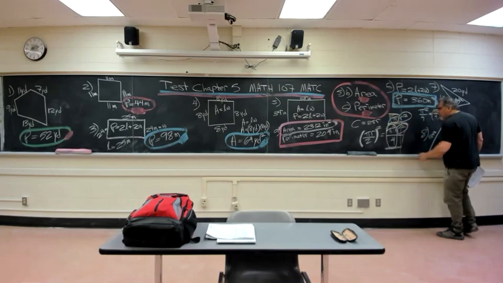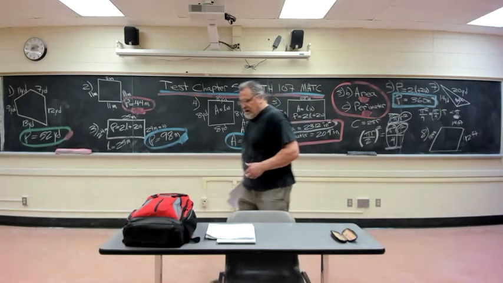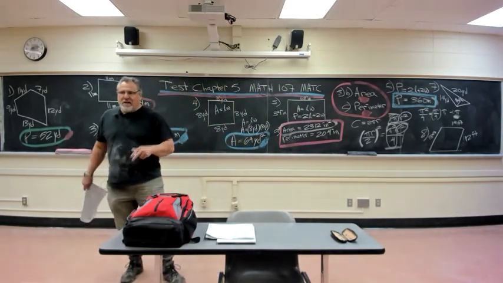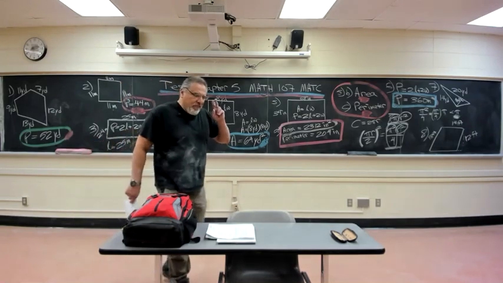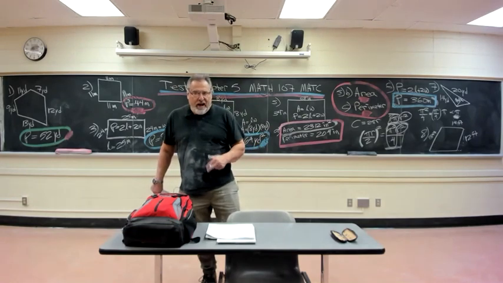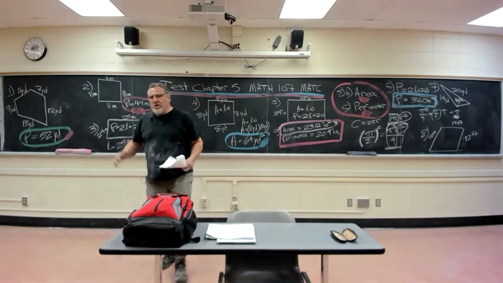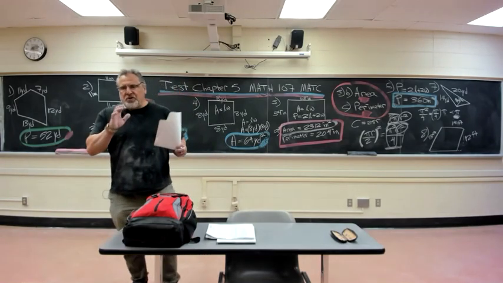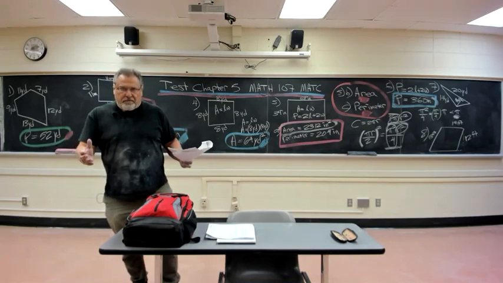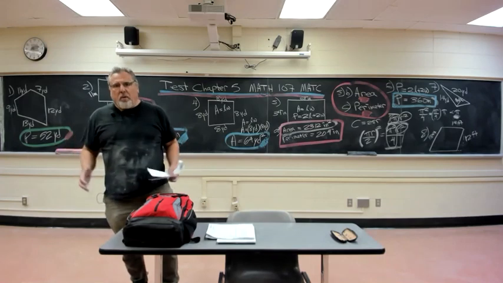So the circle is bigger. Let's say the circumference of a circle and the perimeter of a square are equal.